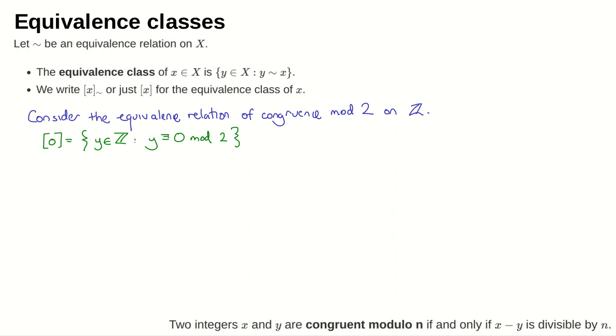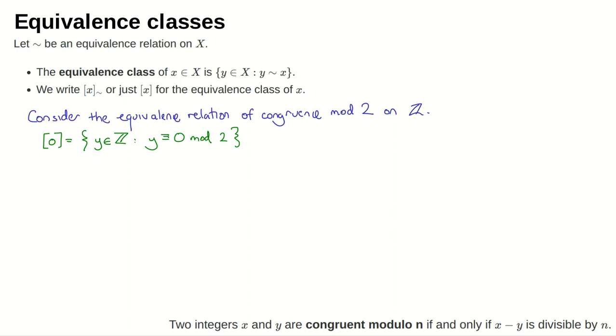Okay, well, when is a number congruent to 0 mod 2? y is congruent to 0 mod 2 if and only if y minus 0 is divisible by 2. So if and only if y is divisible by 2. And another way to put this is just to say that y must be an even integer.